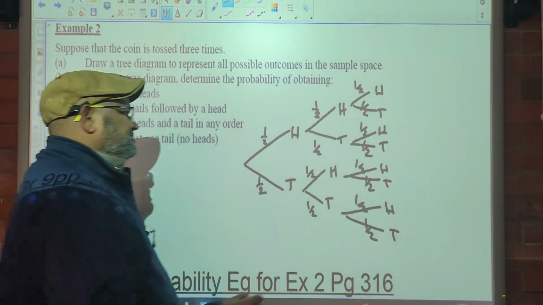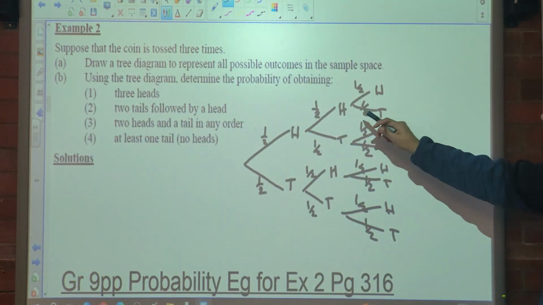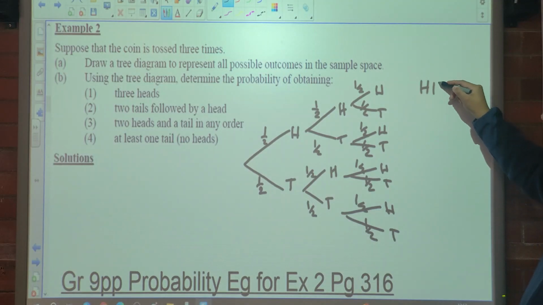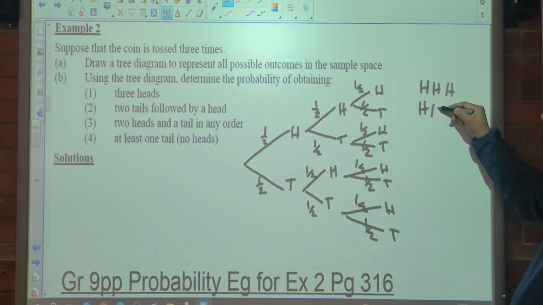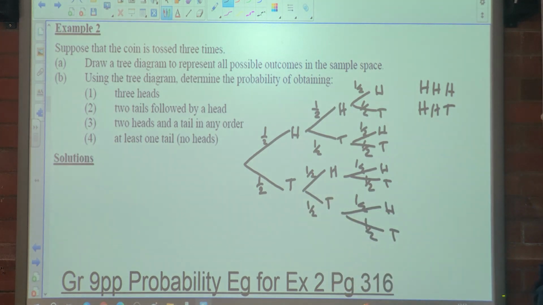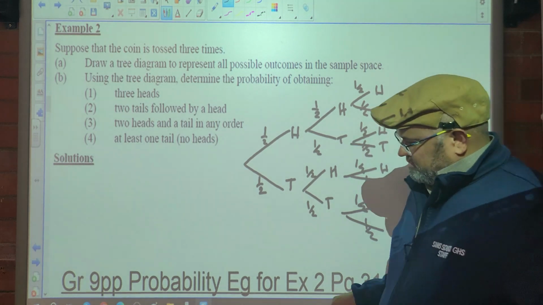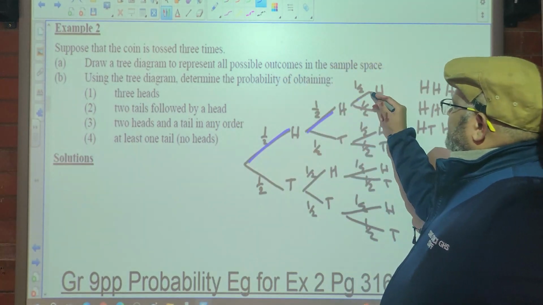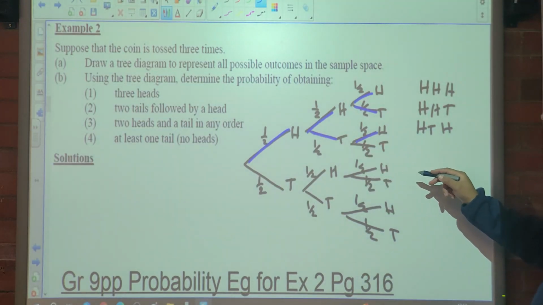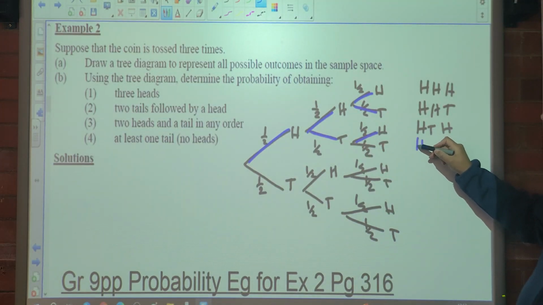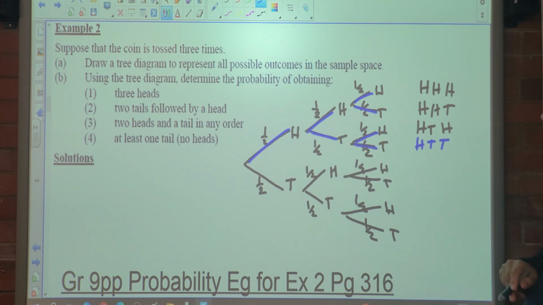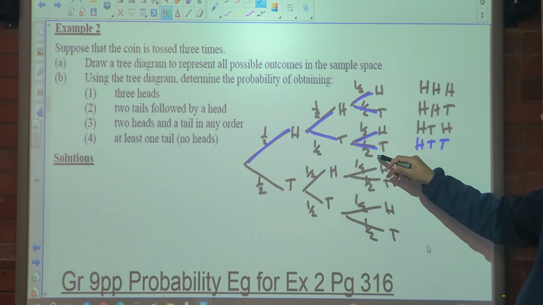What are my outcomes? It could be heads, heads, heads. Or heads, heads, tails. I could have done tails, tails, tails first, but I might lose a combination there. Can you see that? The next one, heads, tails, heads. So I'm just going to mark up what I've done so you can see. Heads, tails, heads. Then heads, tails, tails. So I've exhausted all of this here.